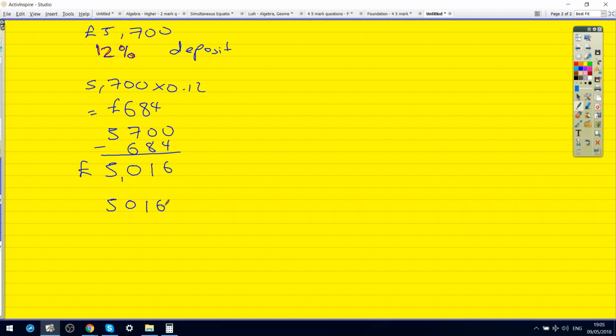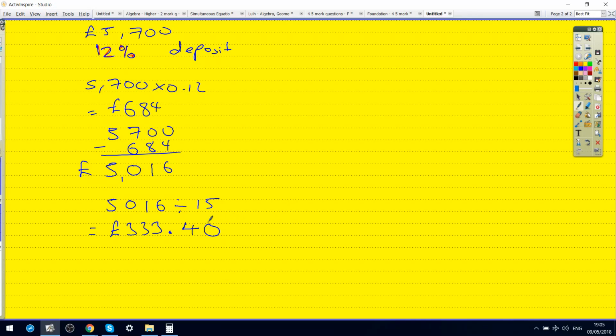So that's 15, so that's divided by 15 months. 333.4. And in terms of money, that would be 333 pounds and 40 pence. Yeah. Okay.